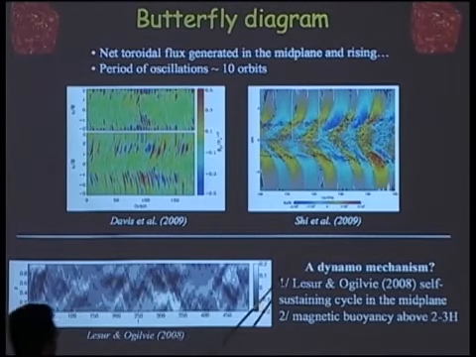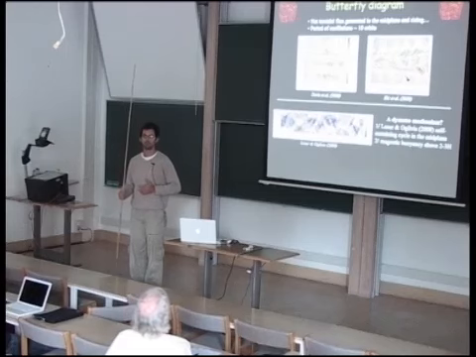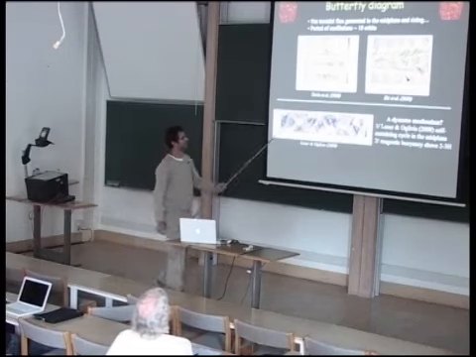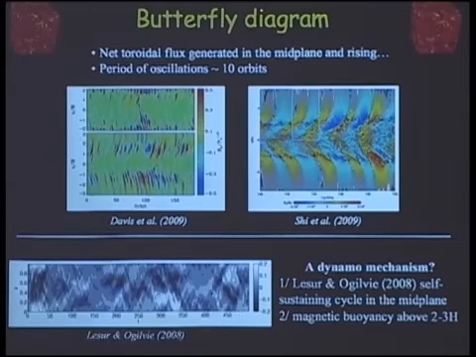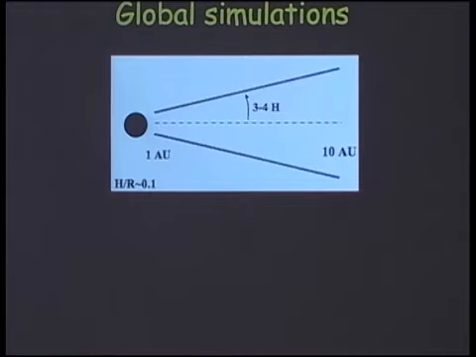And there is speculation on whether this can drive a dynamo mechanism. It seems similar to a self-sustaining cycle that Lesur and Ogilvie found in unstratified boxes elongated in the vertical direction. So there is speculation as to whether this is operating. But it could be an avenue.